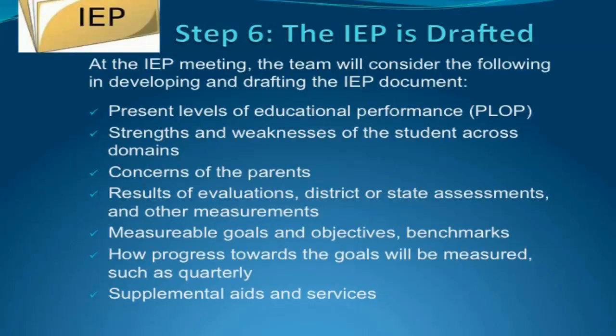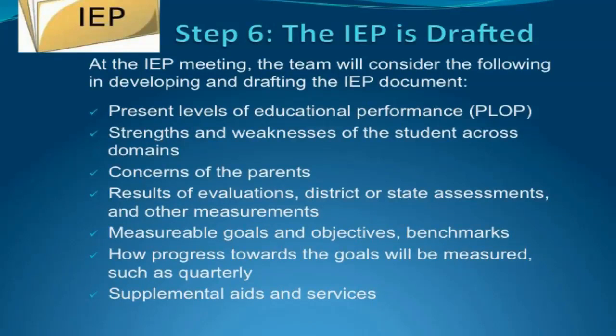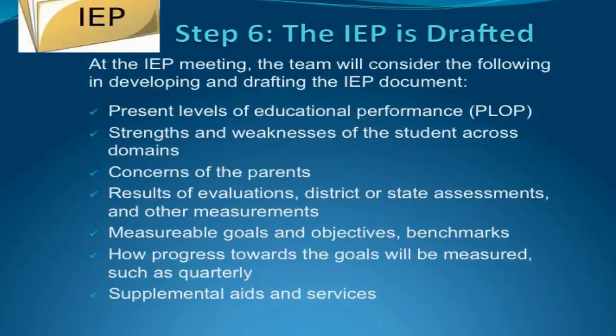And I mentioned before, there's a lot of alphabet soup we have to swim through and learn, all these acronyms and terms, and PLOP is one of them, the present levels of performance. That seeks to identify where the student is currently functioning. And then it assesses the strengths and weaknesses of the student across all of those 5 domains we talked about earlier, not just educational or academic, but social, emotional, communication, independent living skills. All of those areas are considered because that's all part of learning.